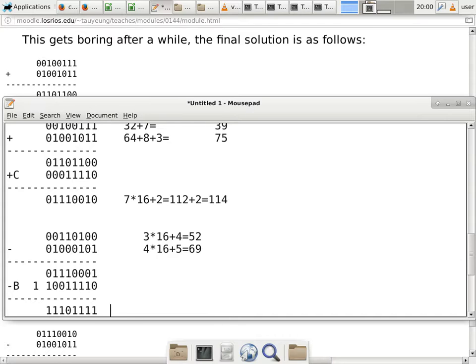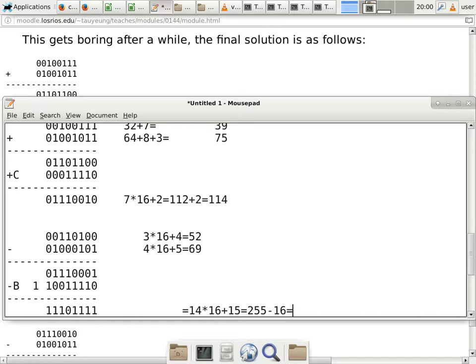Now this value, we'll do the base conversion first of 11101111. That is 15 times 16 plus 15. Whoops, nope, 14 times 16, and that is what? Well, I can do it the other way around, which is 255 minus 16.